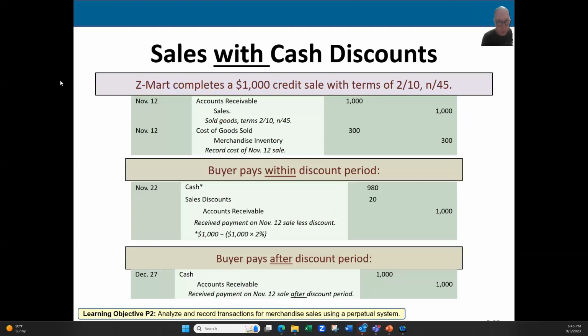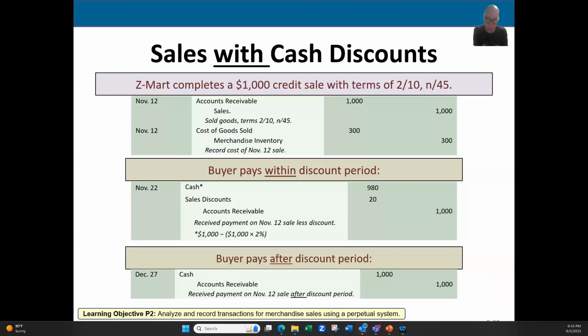So here, we sold $1,000 worth of stuff to our customer account. They're going to pay us later. That's what happened on November 12th. The terms are, we told our customer, hey customer, you pay me within the first 10 days, I'll give you a 2% discount. Otherwise, the whole thing's due in 45 days.